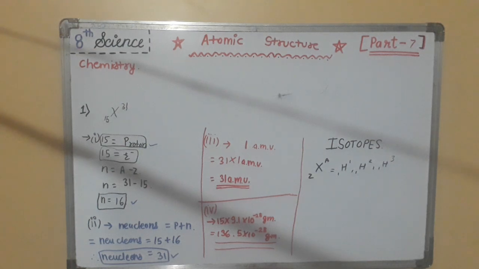In deuterium, electrons are 1, protons are 1, and neutrons are 1. In tritium, electrons are 1, protons are 1, and neutrons, A minus Z, are 2.